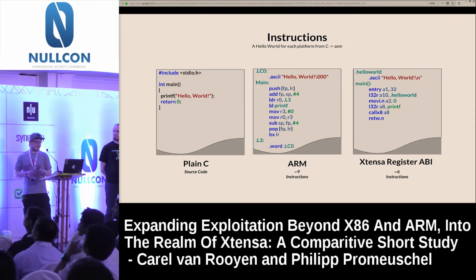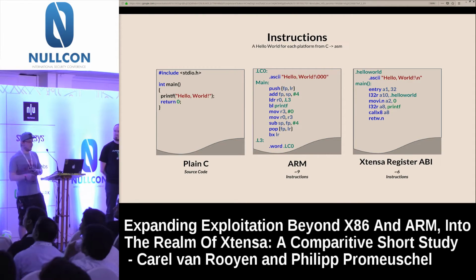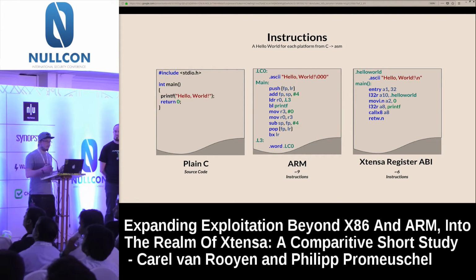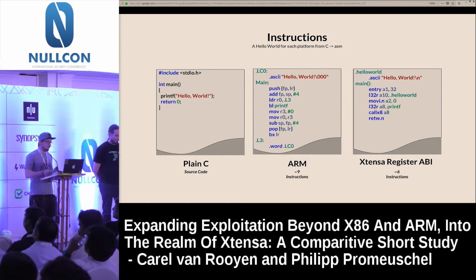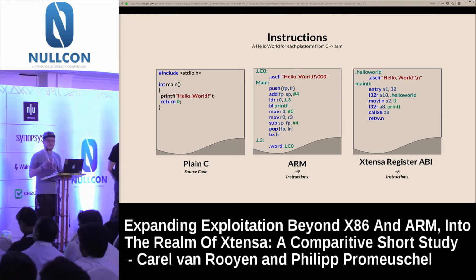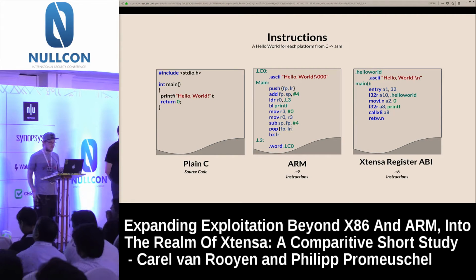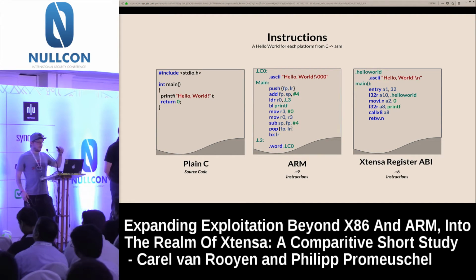So now we have talked about instructions, and let's see some actual code. This is just a classical, typical Hello World, and we compiled it for ARM and for Xtensa. And as you can see, especially in the prologue and epilogue of the Xtensa, you have only the instruction entry and return.wn, which just means return window.